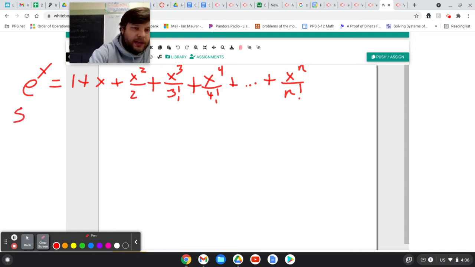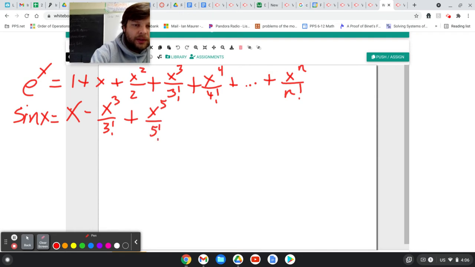Okay, so let's do sine of x then. The sine of 0 is 0, so we skip that term. The next is cosine of 0, which is 1, and then we skip the next one, and we have a negative 1, so we have negative x cubed over 3 factorial, and then positive x to the fifth over 5 factorial, and then negative x to the seventh over 7 factorial, plus dot dot dot.